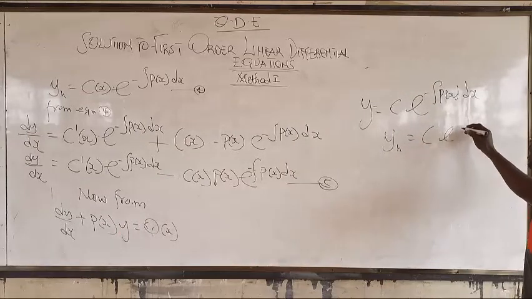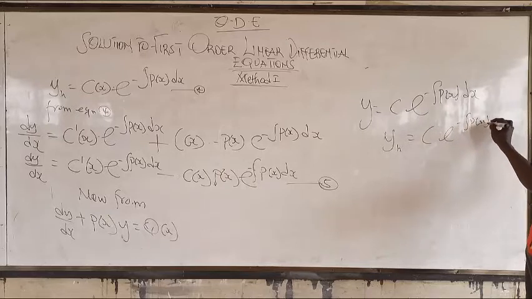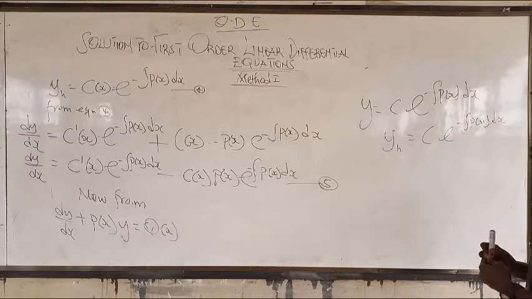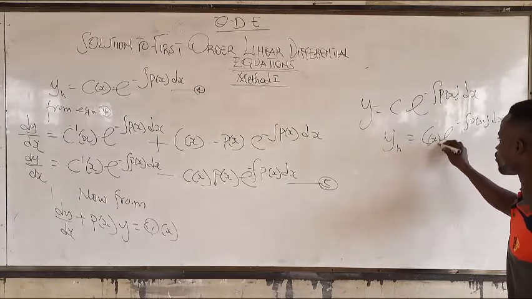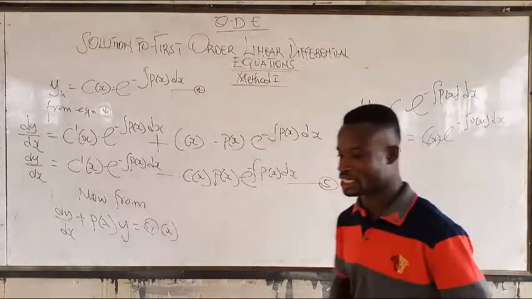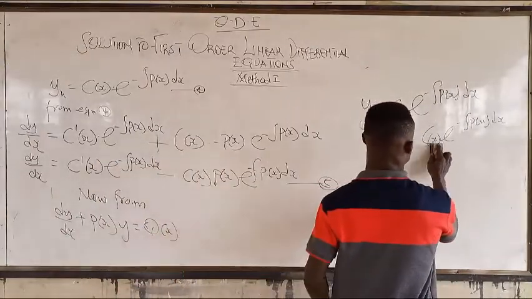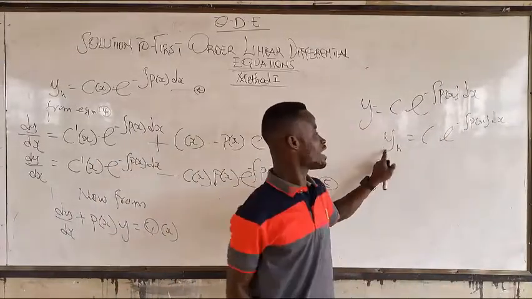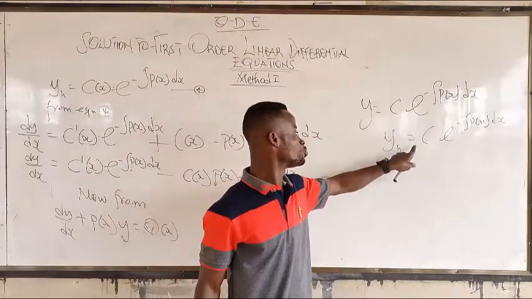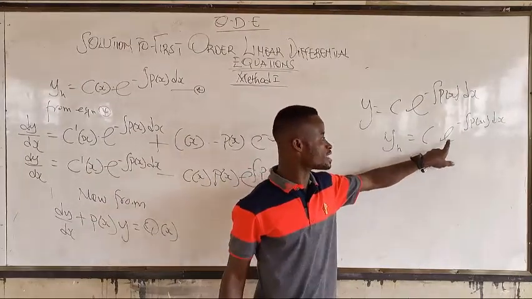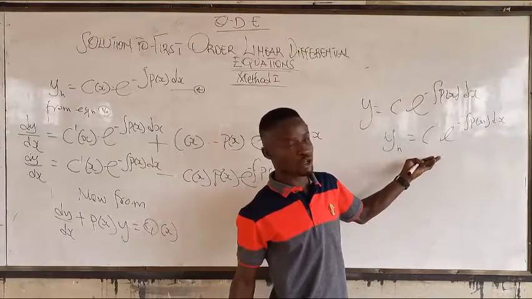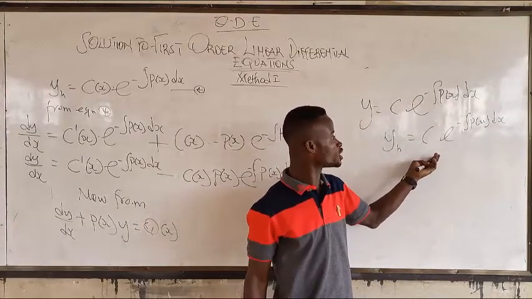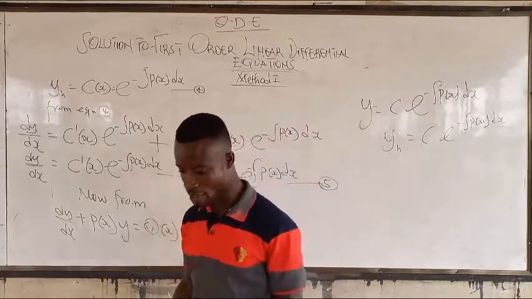Very good. Now, I think I made you make it in terms of x. Please, it's supposed not to be in terms of x. The y subscript h should be equal to c e raised to the power negative integral of p of x dx. This is supposed to be the solution for the homogeneous part.